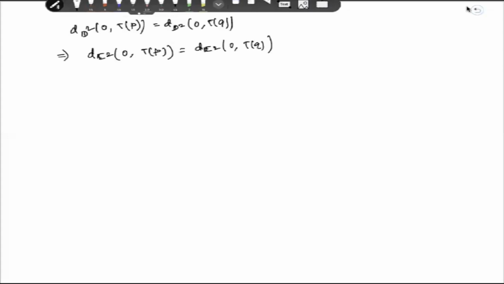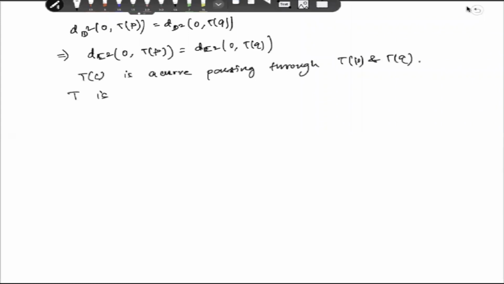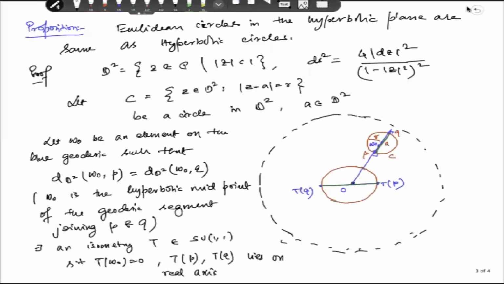Okay, so now the next thing is that this T of C is a curve passing through T of P and T of Q. T is a Mobius transformation. So just check that this T of C will again be a circle.